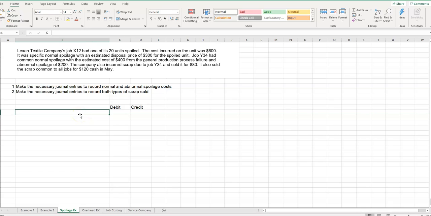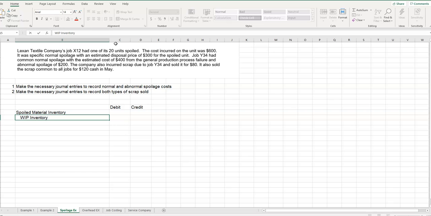When we record normal spoilage, we record that to our spoiled material inventory. We keep track of what material has gone bad, and we remove that cost from our work in process inventory.